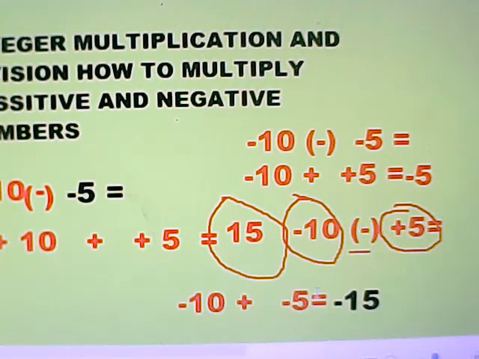So the answer is negative 15, because negative and negative, you have to add those numbers. So the result is negative 15.